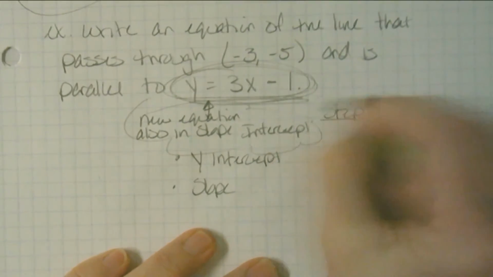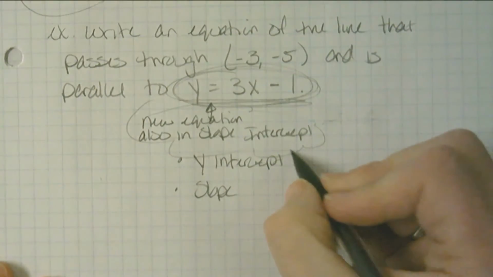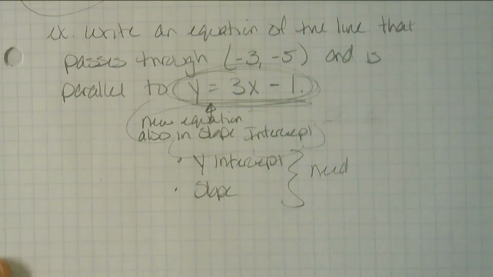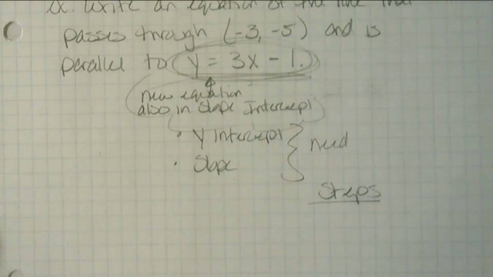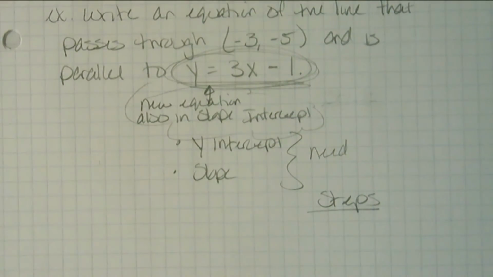I'm going to move this steps thing down a little bit. These are what we need. Here are my steps. If I'm writing a line parallel to that line, what can I get directly from that equation? Yes, my slope is 3.